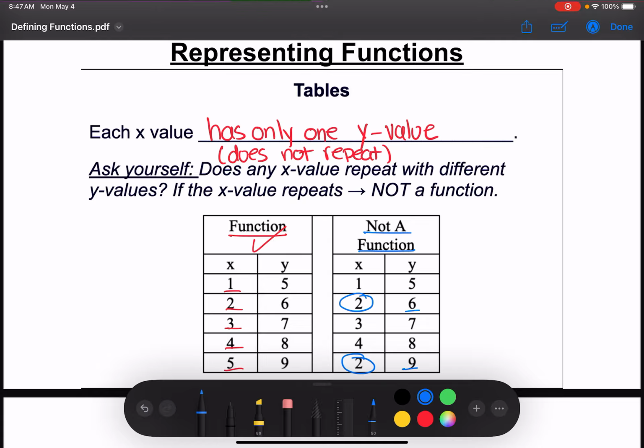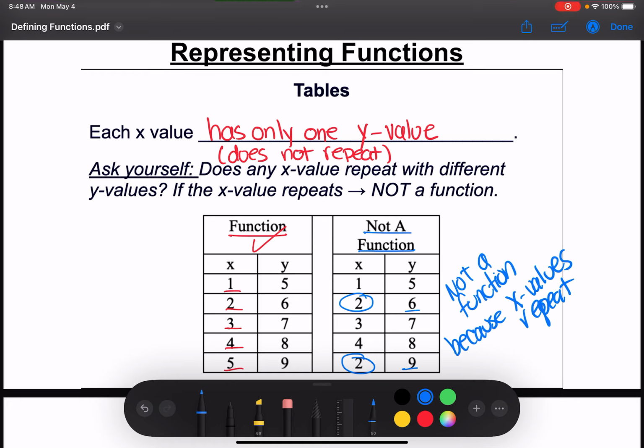So that means since the x values repeat, this is not a function. Okay, so that's for tables. That's how you can tell if a table is a function or not. Let me erase this. And then let's keep on going.